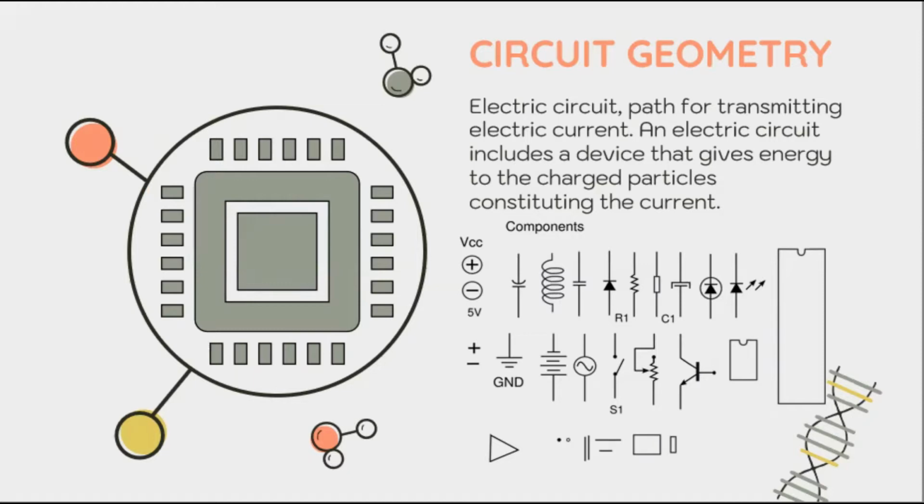For a power supply, we use the plus and minus symbols. This part is an example of a polarized capacitor. This is an inductor, this is a non-polarized capacitor, this is a type of diode, this is a resistor, and this is a type of load, which can also be a capacitor, and so much more.